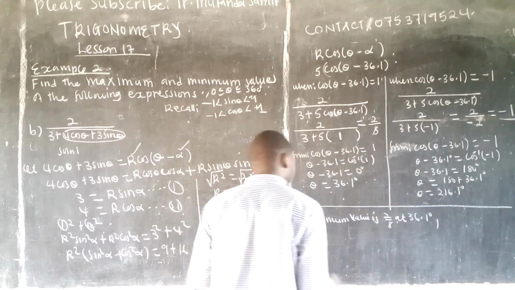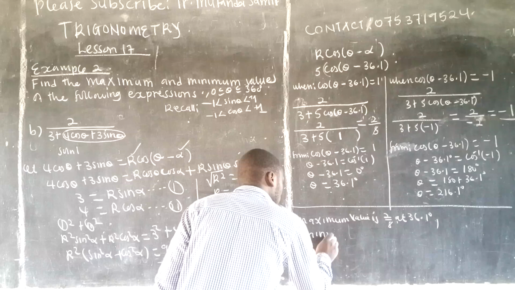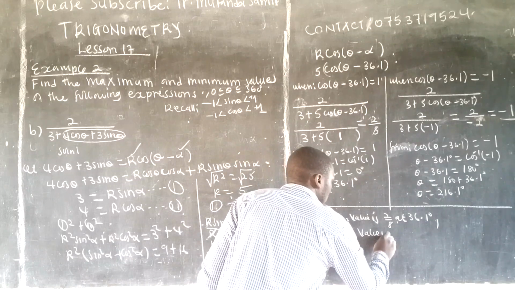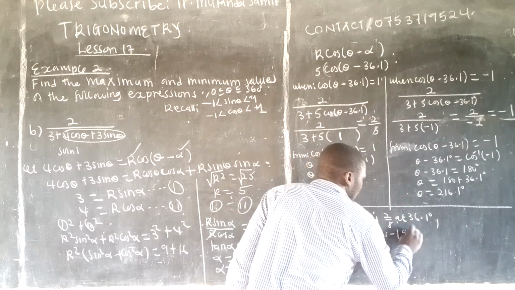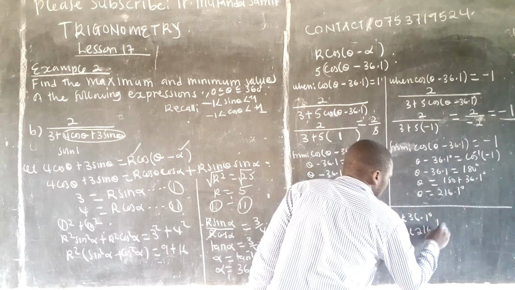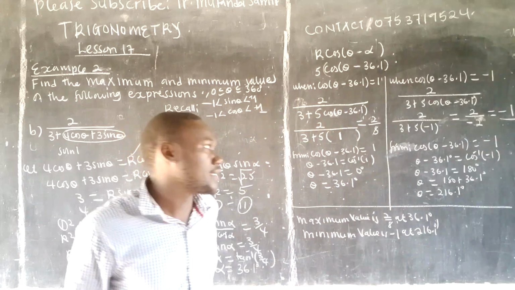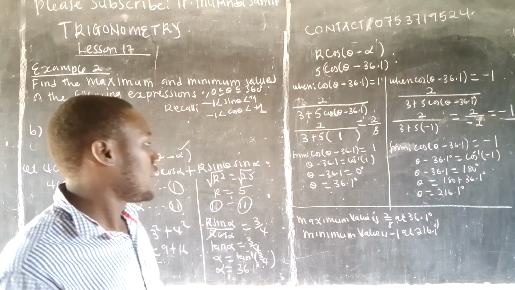Then also, the minimum value is negative 1 occurring at 216.1 degrees. As simple as that. All right.